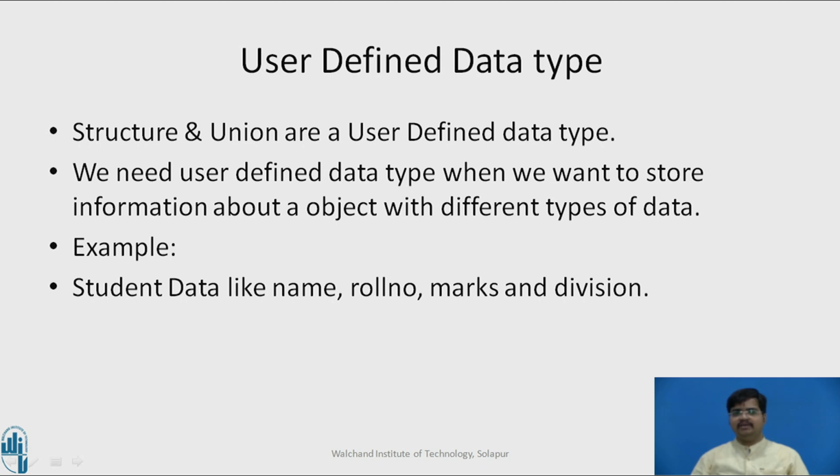In our example, name is of string type, roll number is of integer type, marks is again of integer type and division is of character type. We want to store different types of data of a student, not similar data. So we cannot store all this information in an array. An array is also not a possible solution in the current example.